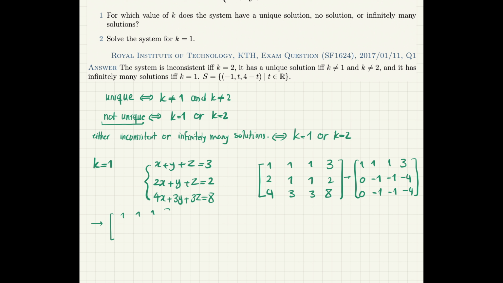I multiply the second row by a minus sign and add it to the last one, and it becomes 0, 0, 0. Then of course you immediately see that you have 2 pivots, so this means there are infinitely many solutions. So infinitely many if and only if k is equal to 1.